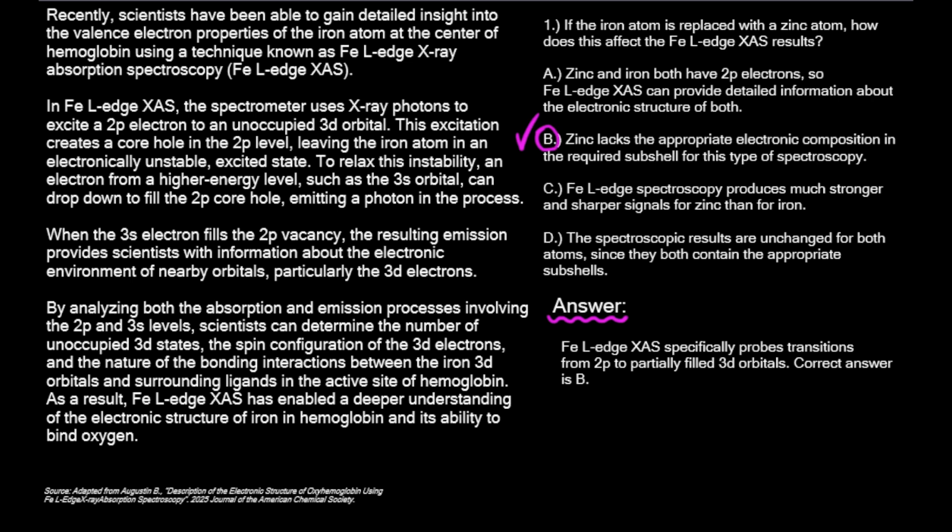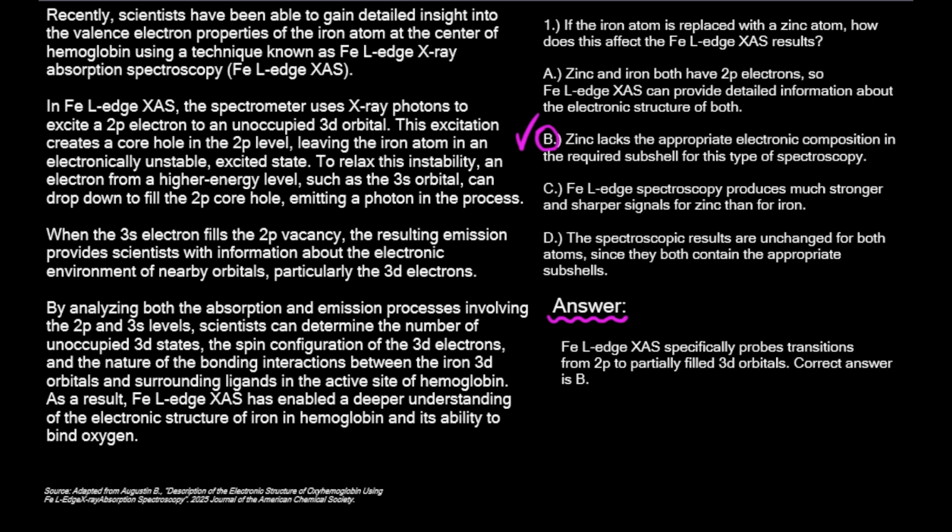Answer choice B says zinc lacks the appropriate electronic compositions in the required subshell for this type of spectroscopy. Answer choice C says this type of spectroscopy produces much stronger and sharper signals for zinc than for iron. And answer choice D says the spectroscopic results are unchanged for both atoms since they both contain the appropriate subshells.